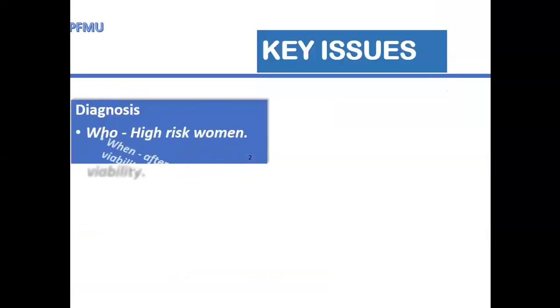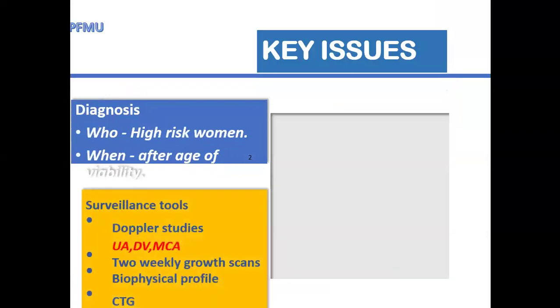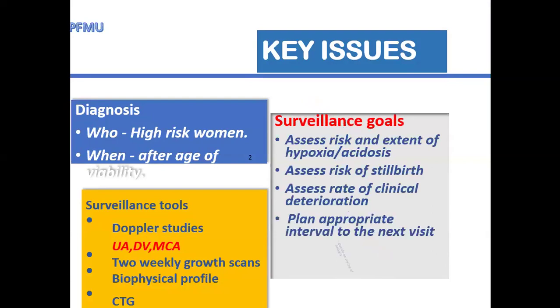So what are some of the key issues? Surveillance of Dopplers usually are done with these goals, which are also to assess for the risk of stillbirth, assess the rate of deterioration, progression, or worsening of the growth-restricted pregnancy.